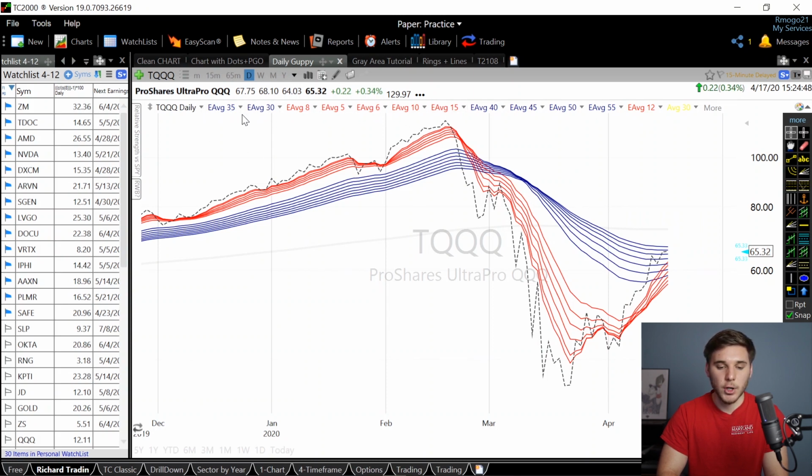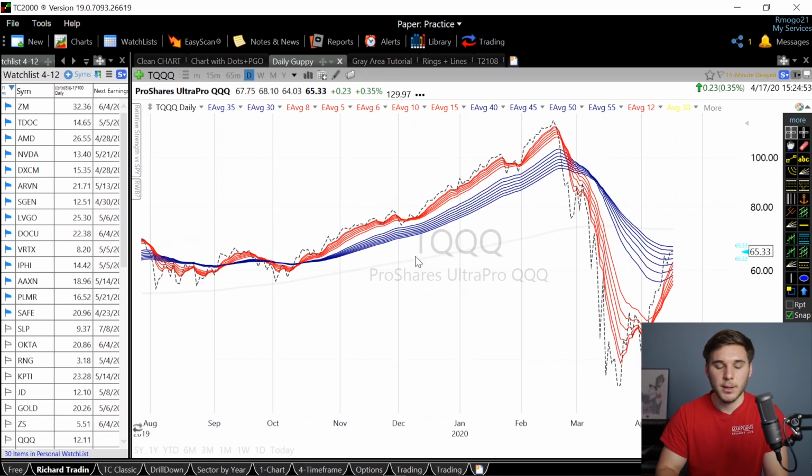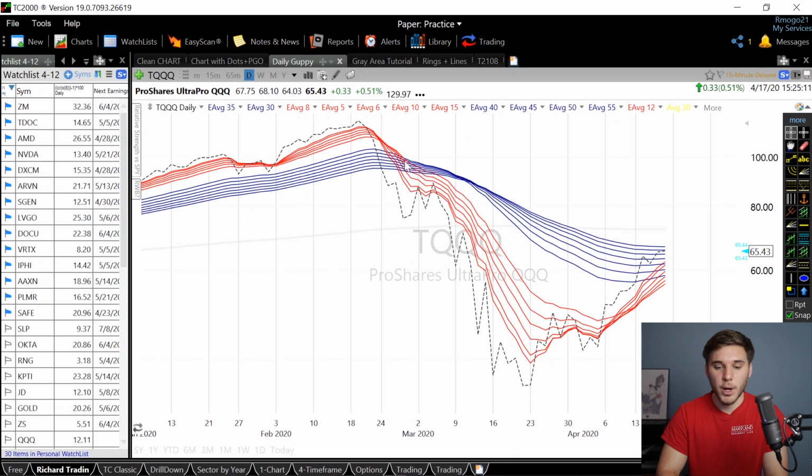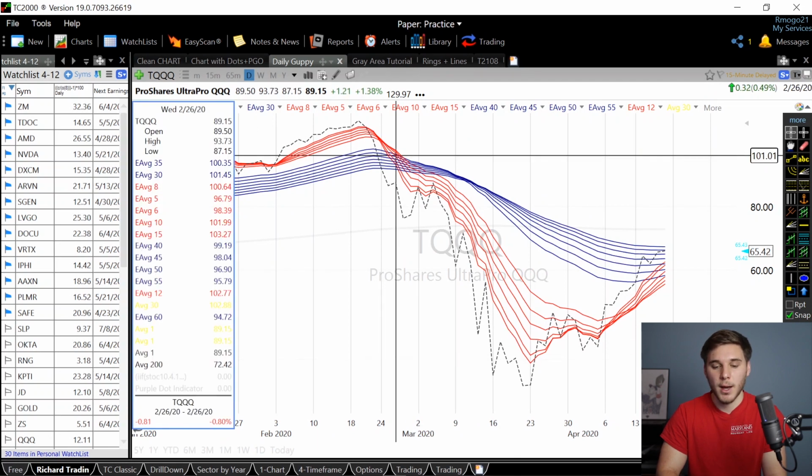And then you've got longer ones in blue that are 30 through 60. And basically you want the general market, or in this case the QQQ, to be in a red, white, blue uptrend, which means the red moving averages are above some white space, which are above those longer-term blue moving averages. And you can see this works very well, especially in determining those quick drawdowns and potential corrections.